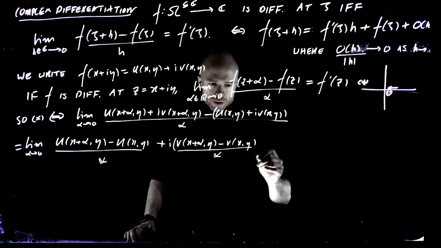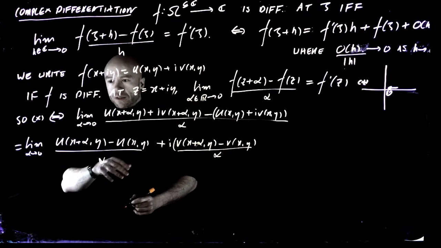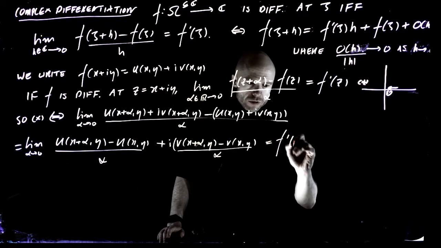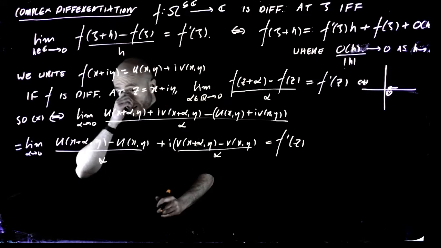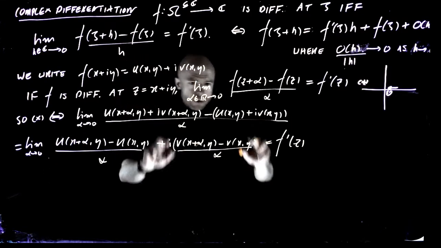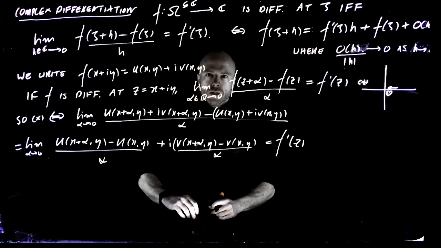Yeah, just doing some algebra here. Okay, let's look at this. So this thing is meant to exist. It's meant to be equal to f prime of z. And I claim that implies that both this limit exists as alpha goes to 0 and this limit exists as alpha goes to 0. Yeah?